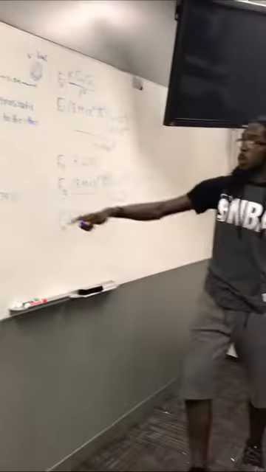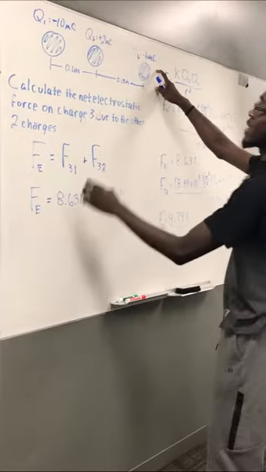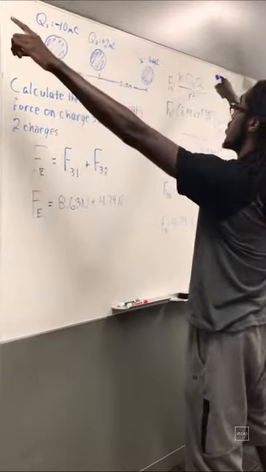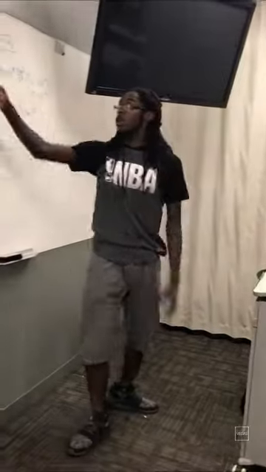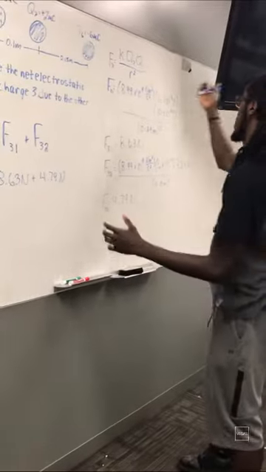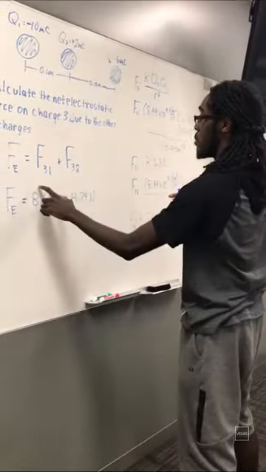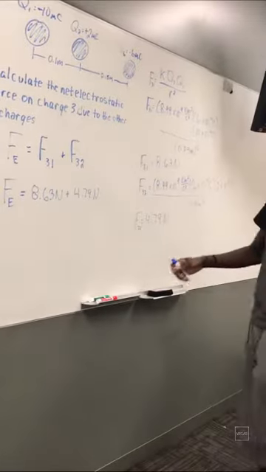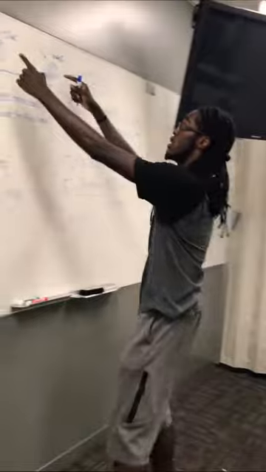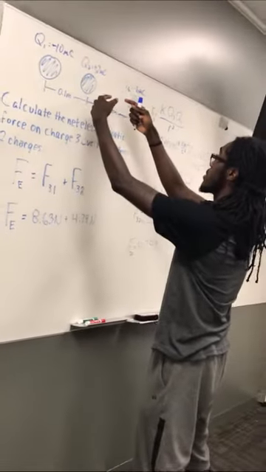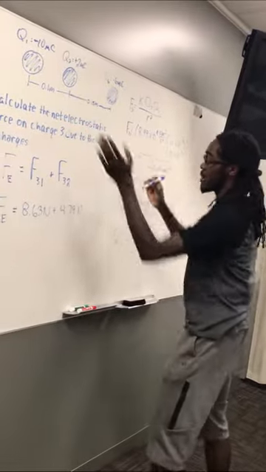On charges 1 and 3, these repel. If we consider this as a coordinate plane, with the right being positive x, charge 3 will be moving to the right, so that 8.63 will be positive. Now, considering charges 3 and 2, these two will attract, so charge 3 will be going to the left, which will make this negative.